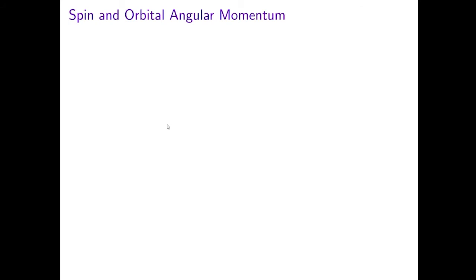Now, I want to talk a bit about spin. It's weird, man. It's just weird. The simplest thing about spin you can say is that orbital momentum is a number described by L, and usually it's a set of values.